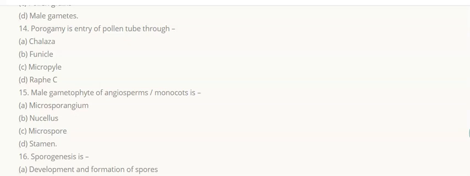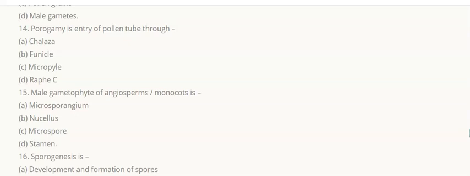It can be through chalaza, through integuments, or through micropyle. But since porogamy is asked, the correct answer will be micropyle. So micropyle is there for porogamy. But if it is through chalaza, then it is called chalazogamy.